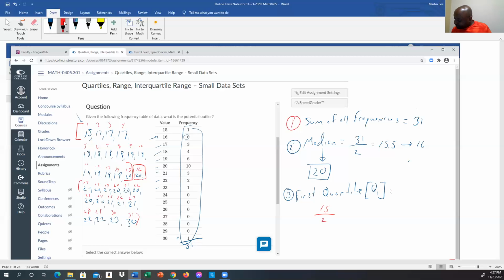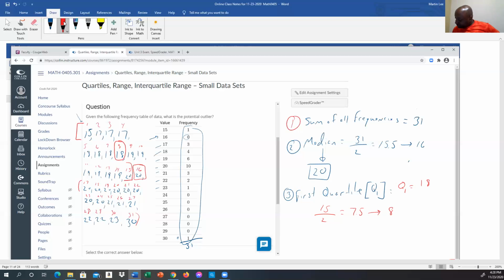If I divide 15 by 2, that gives me 7.5, which rounds to 8. So the 8th number is going to be my Q1 value. My 8th number is here, so Q1 is going to equal 18.